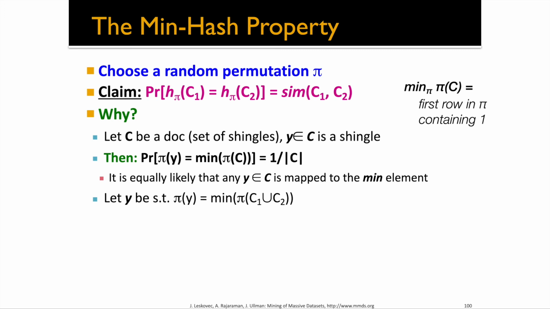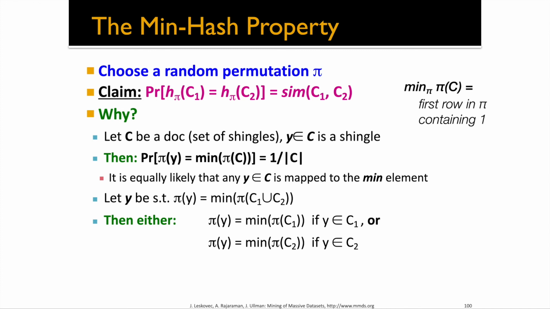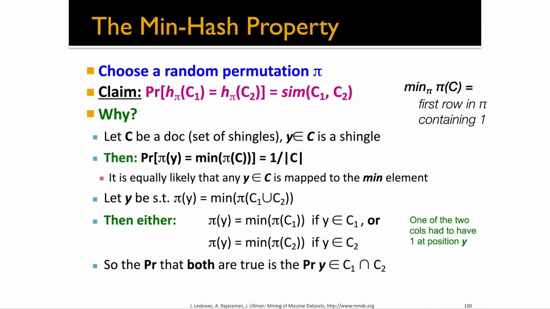But rather than the document column being a single document, we'll take the union of shingles in two documents, C1 and C2. So that means one of two things has happened here. Either the one in this column comes from document 1, or the one in this column comes from document 2. Because the only way that we'd have a 1 in this column is if there was a 1 in one of those two documents. The probability that y came from both C1 and C2 is equal to the probability that y came from the intersection of these two documents.